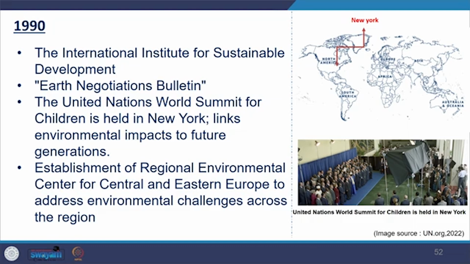At the same time, we see the United Nations World Summit for Children held in New York, and through this summit, there were linkages seen for future generations. So far our understanding was about the differences, the technology, the environment, but now we started looking at the future, the tomorrow, our younger generation.